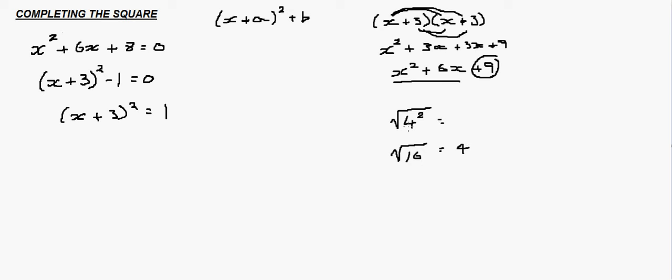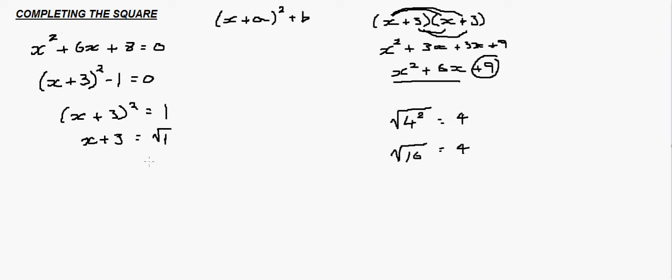So the root of 4 squared must also be 4. So you can see that if something is being squared and you find the root, you get what's inside. You don't get 4 squared out, you get 4 out. So if I root this, I get x plus 3, in the same way as I would get 4. But I need to root both sides, so I need to find the root of 1.